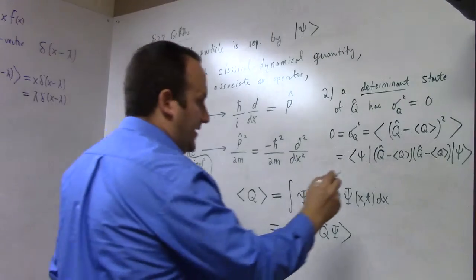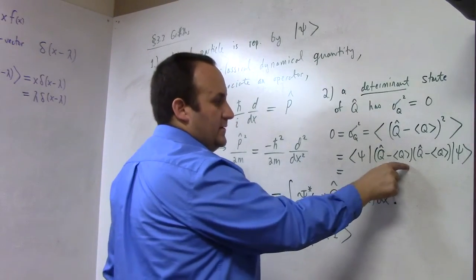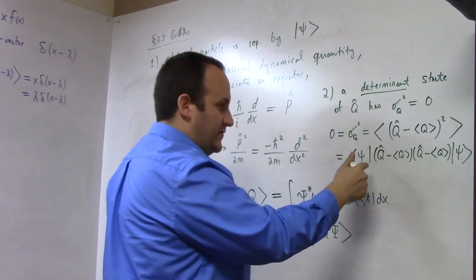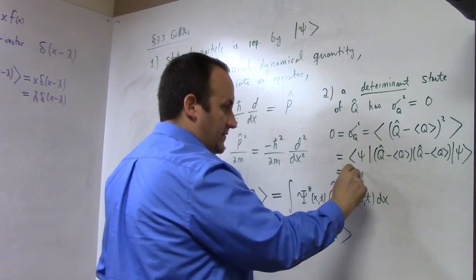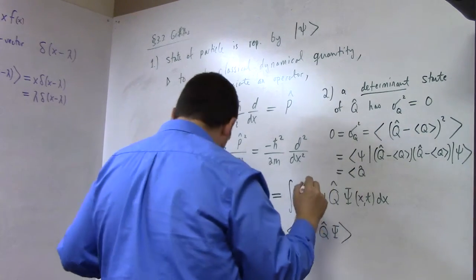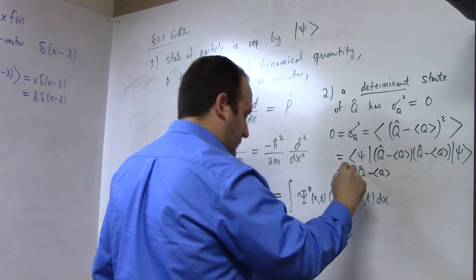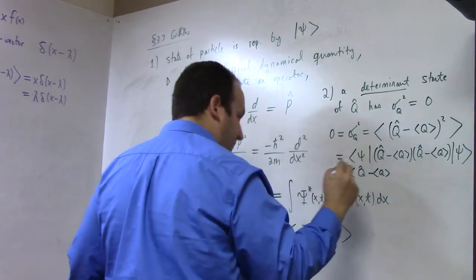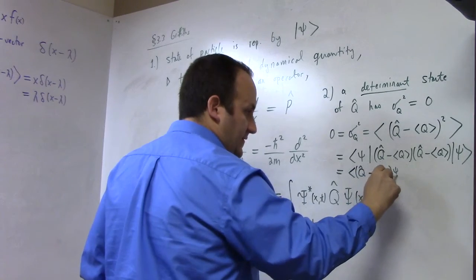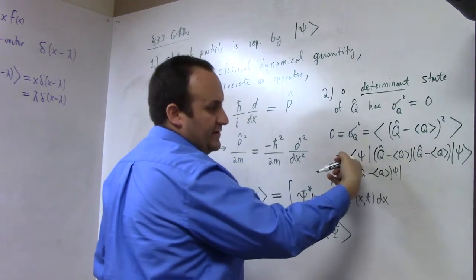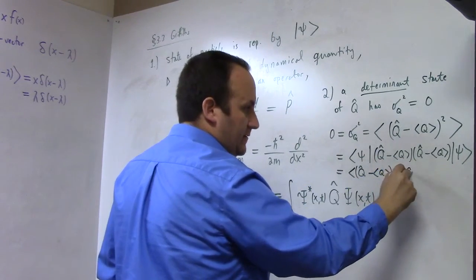Because we're assuming Q is Hermitian, I bring this one over here and leave that one there.